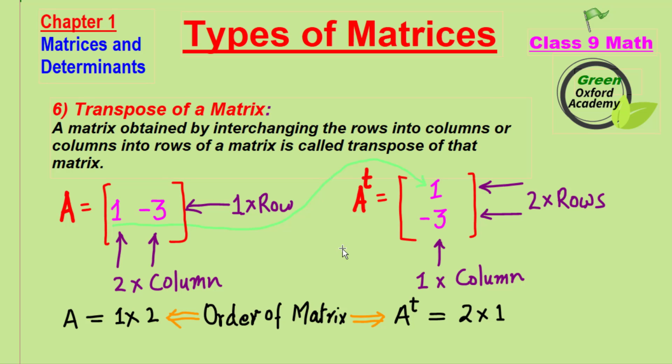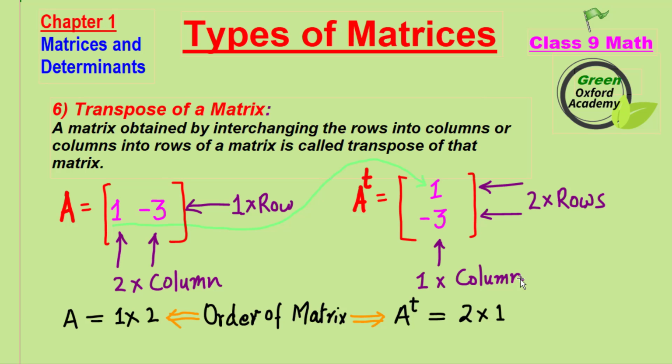The important point which you may have noticed is that matrix A has an order of 1 by 2. It has 1 row, 2 columns. Now, after taking the transpose, the order of the transpose matrix AT has changed.